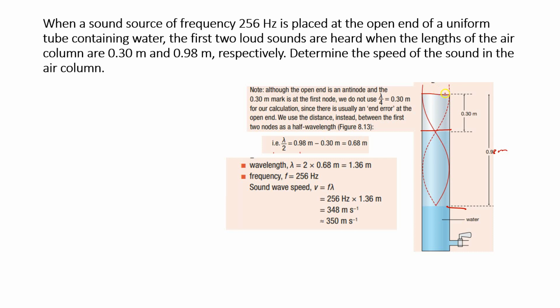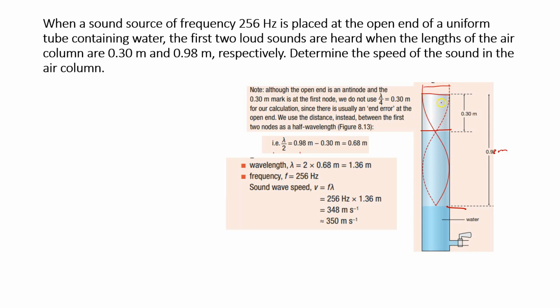The end error comes as a result of the fact that it does not completely tell us that we're at a complete antinode, right? So that's the reason why we don't want to use that information. Because we could have used it to say that a quarter of a wavelength is equal to 0.3 meters, but we don't want to say that, because we run the risk of having an error. As you can see at the open end, the antinode could have been much higher, or maybe a little bit lower, all of that kind of thing. So we don't want to run the risk of that.